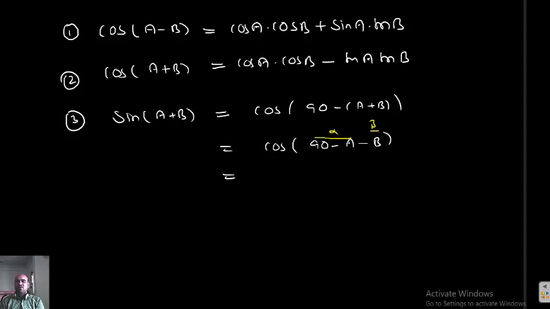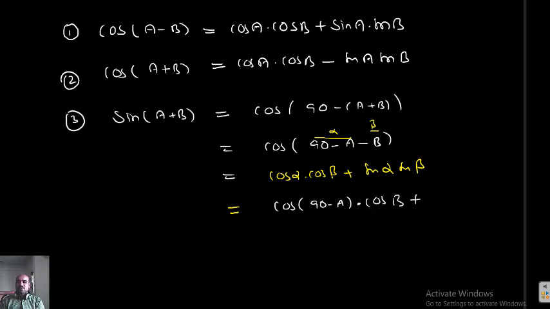Cos of (alpha minus beta) is cos alpha cos beta plus sin alpha sin beta. Here cos alpha means cos of (90 minus a) into cos beta means cos b, plus sin alpha means sin of (90 minus a) into sin beta means sin b only.